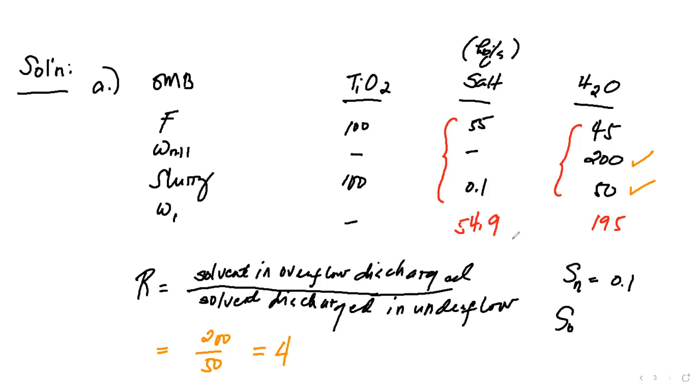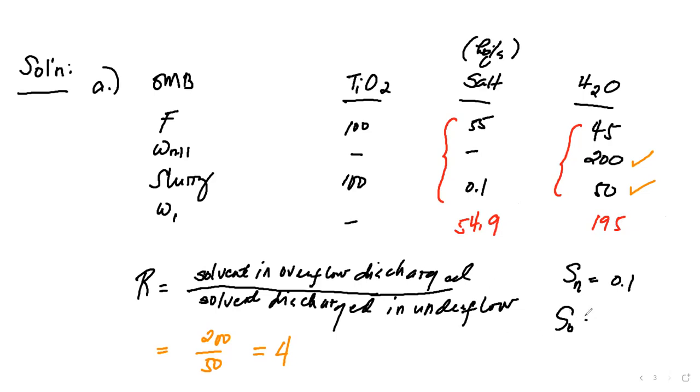So we will determine how much salt entered in the feed based on this ratio of salt to water. That's the concentration in the overflow from the first thickener, which is also the same as that in the underflow solution. So we will use that.